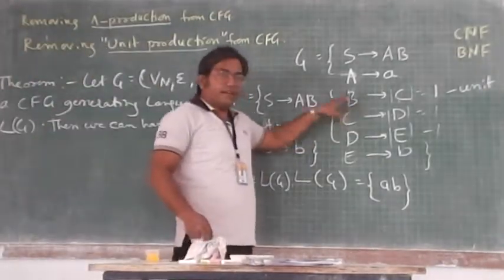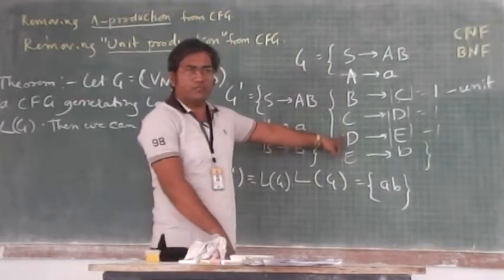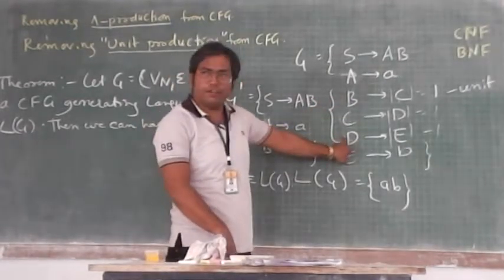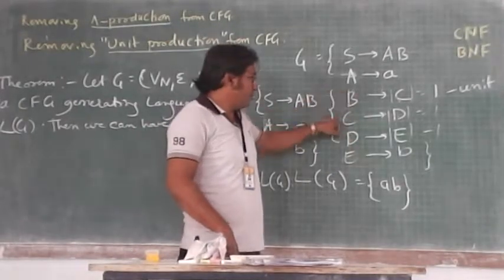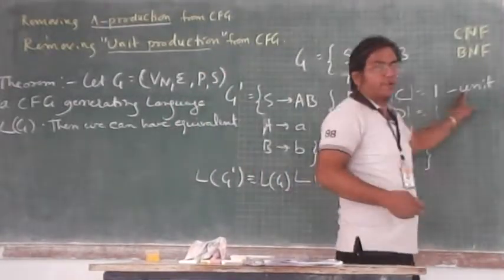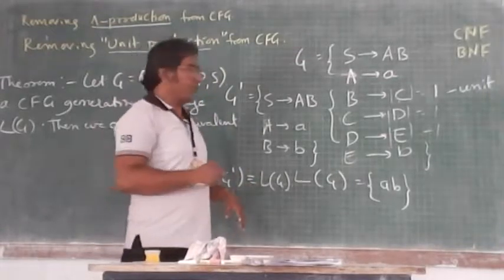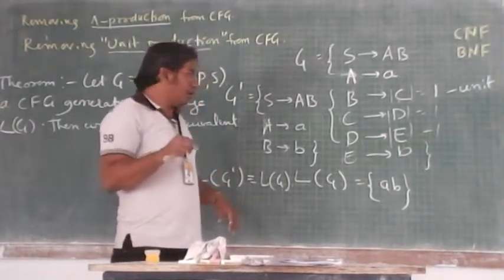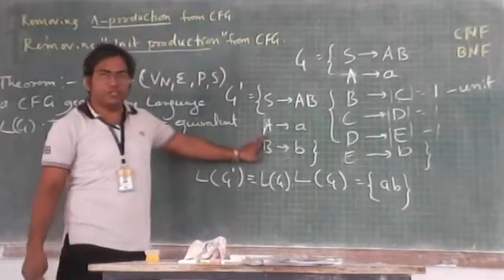After observation and analysis, we came to know that there are productions which are not really contributing to the derivation. Such productions we identified, and these are the three productions. And we named these productions unit productions. Why? Because they have at the right hand side a single variable. And we tried to get some reduced form of that grammar, and we came up with this.